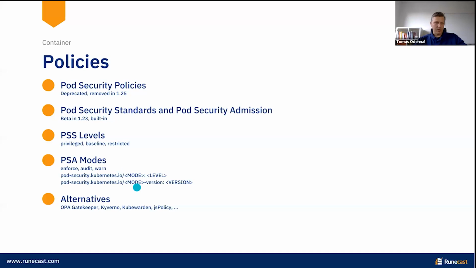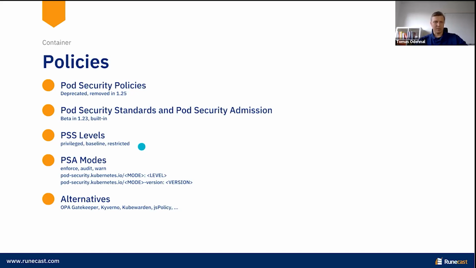So this is something you can use. There is also a label that you can use to pin the version of the policy if the version changes with the new version of Kubernetes, for example, so you don't have any surprises. And this is something that can be easily used with 3 predefined levels. I will show you in the demo as well.